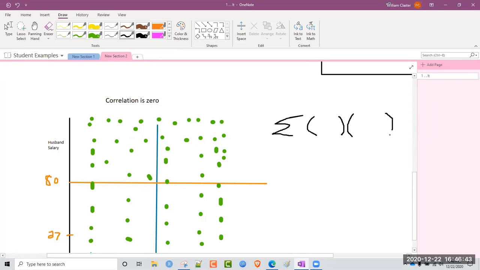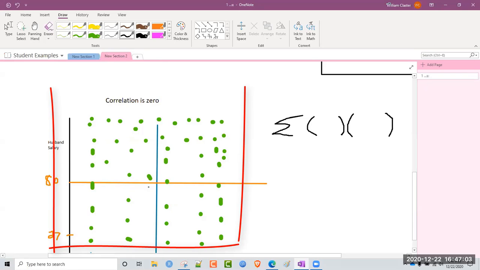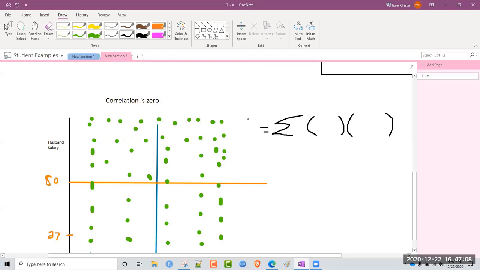Yeah, it's going to be like 0 because I'm going to get a lot of positive numbers from these dots in this sum, and then a lot of negative numbers from these dots, then a lot of positive from these, and a lot of negative from these. And when I add up all those numbers, I'm going to get a lot of cancellation. So for this kind of configuration, this sum is going to be close to 0.